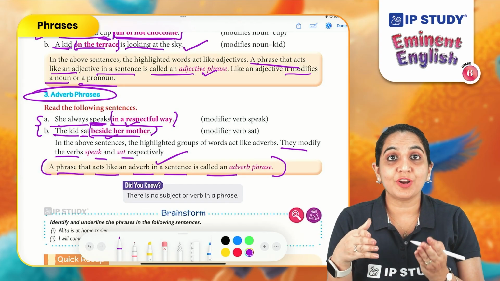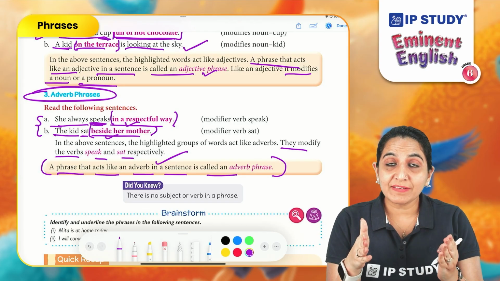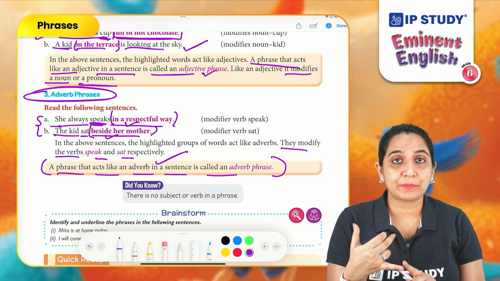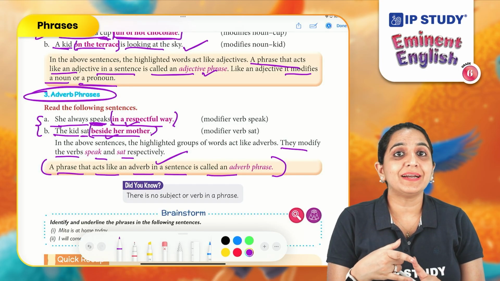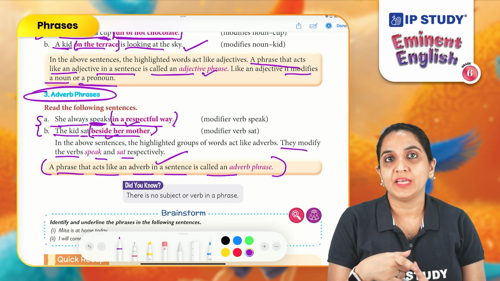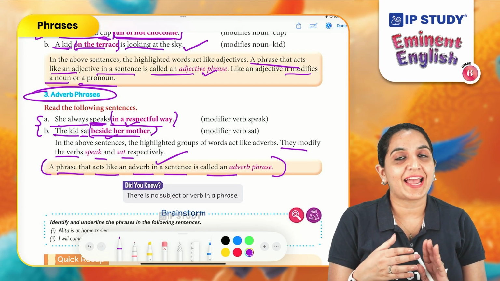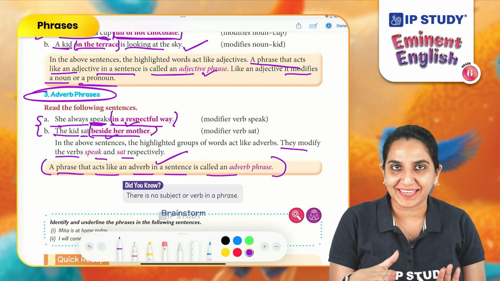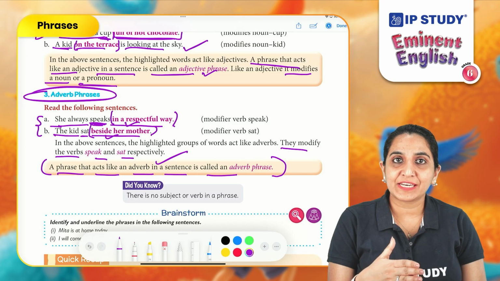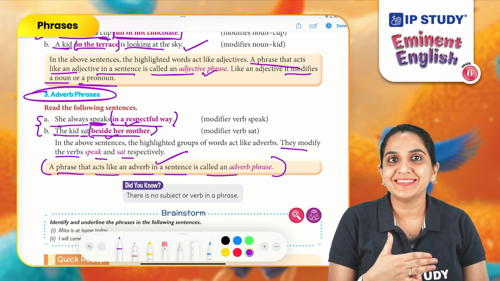So this was all about phrases. Always remember that a phrase has a complete meaning, but it does not form a complete sentence on its own. They do not have a subject and they do not have a predicate. They act just as a noun, an adjective, or an adverb in a sentence.